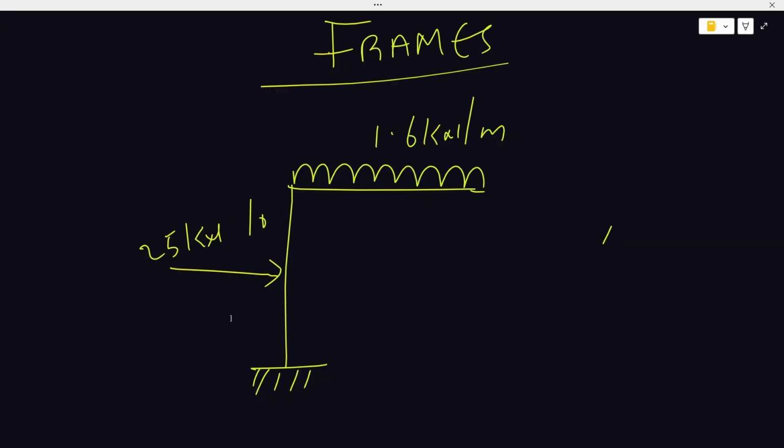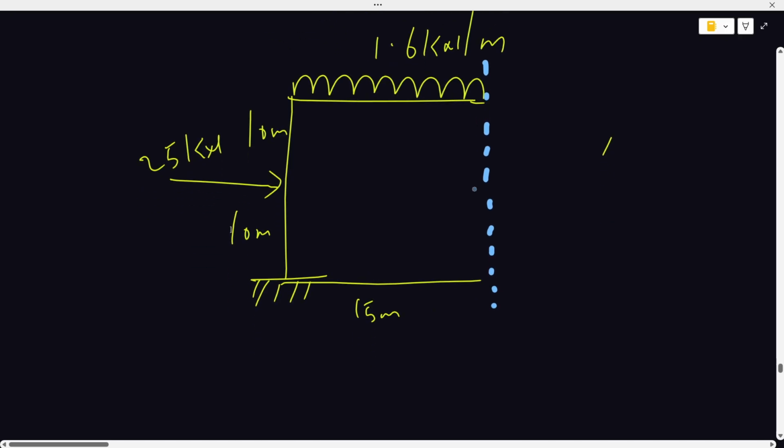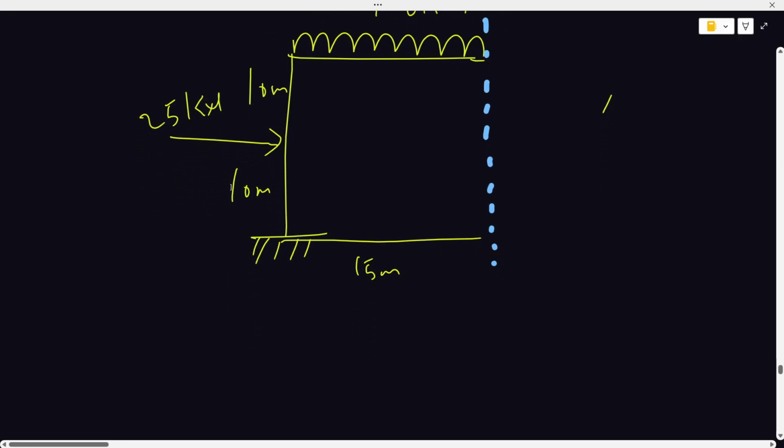This is 10 meters. This is 10 meters. And from here to here, let's give it 15 meters. Let's say this is an imaginary line, it just denotes vertical consistencies. 10 meters, 10 meters, 10, 10.